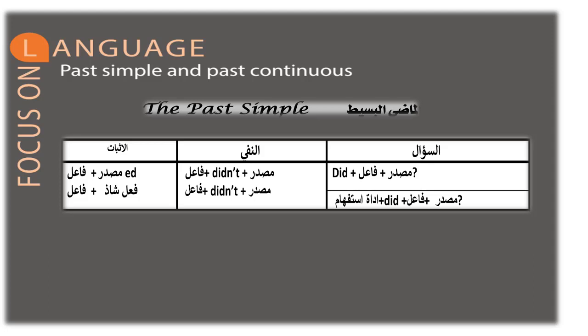In the negative we use didn't plus the verb in infinitive يأتي بعدها الفعل في المصدر يعني بيعود لشكله الأولاني لا يظل في الماضي. And the last one we have the question and here we use did.